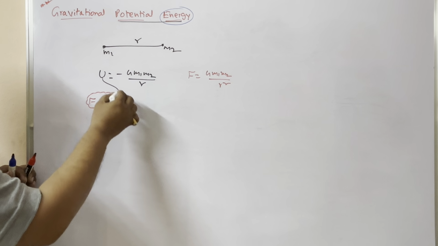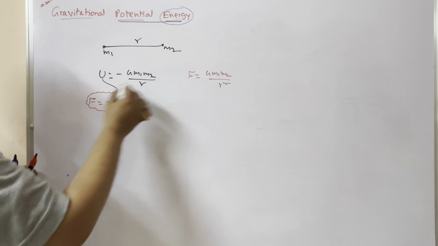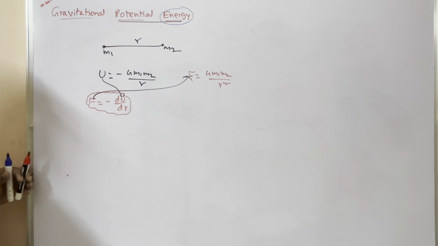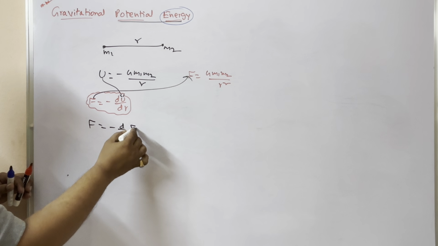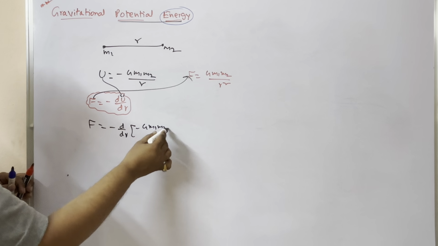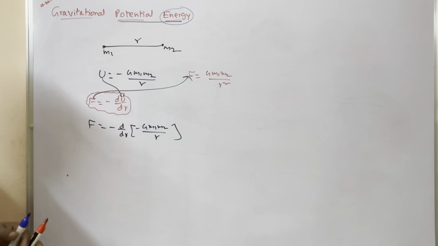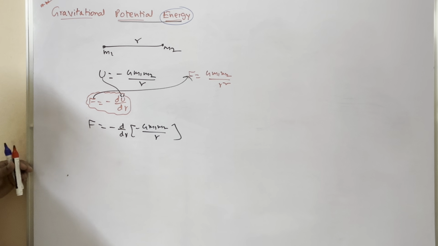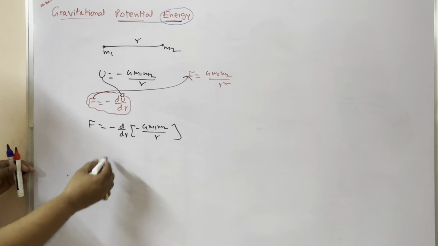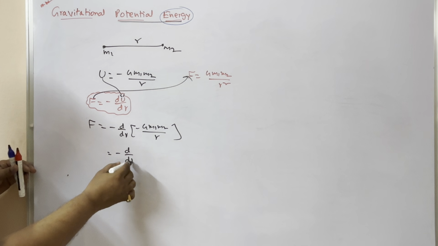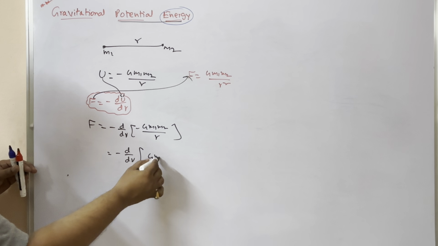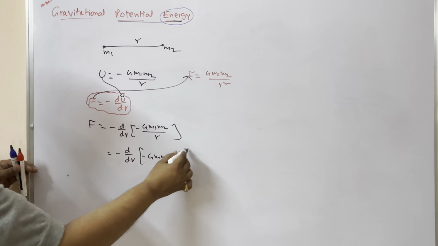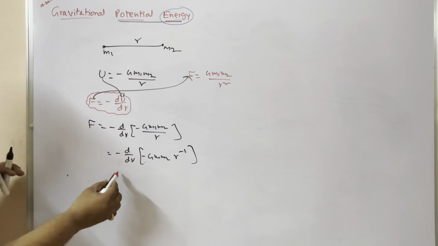If you substitute this U here, you will get the force. We will cross check. F is equal to minus d by dr of minus G m1 m2 by r. What is the derivative of this? Minus d by dr of G m1 m2, common, r power minus 1.